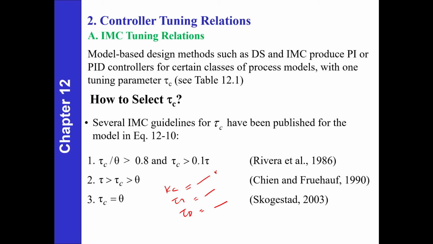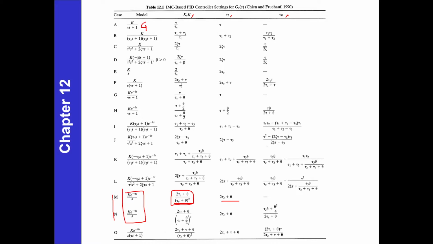Okay, so the first one we have here is the IMC tuning relation. Basically it came from a derivation, but don't worry, you don't have to derive that because it's a lot of work if you want to derive it. Here we have table 12.1, an IMC based controller setting.